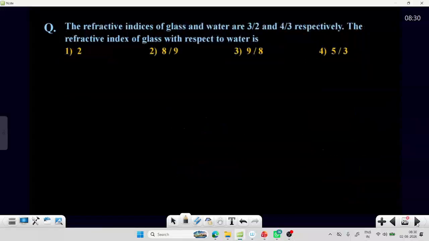Right. Take this problem. Refractive indices of glass and water are given as 3 by 2 and 4 by 3 respectively.